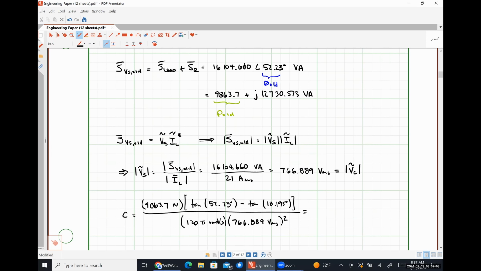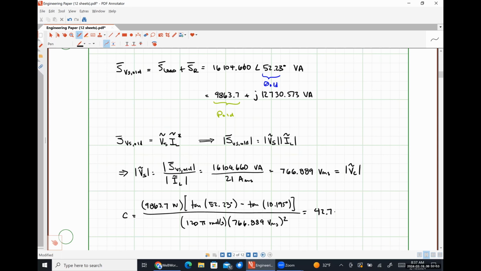And now I can just throw this all in my calculator. 766.889 squared, divide that by 10 to the minus 6. I got 42.793 microfarads.